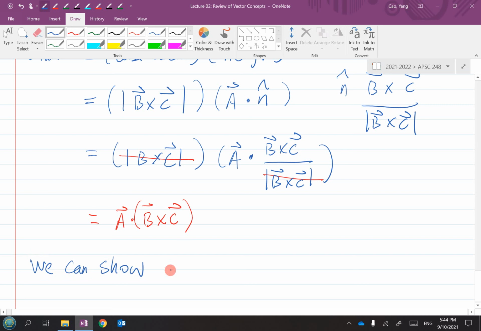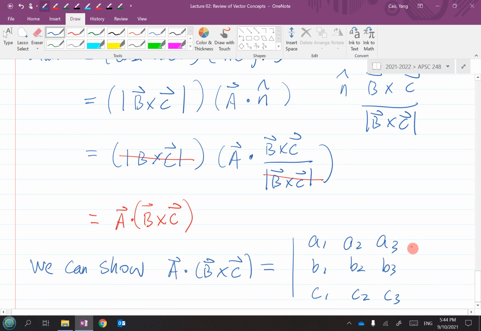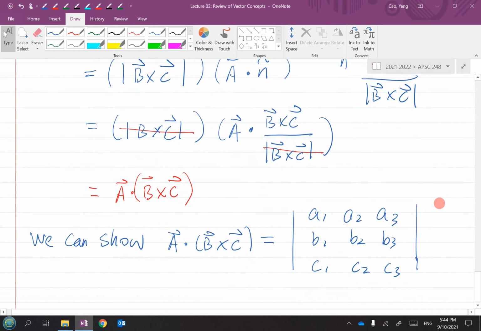This A dot B cross C is basically the determinant of the 3 by 3 matrix with each row given by the vectors A, B, C. They're very nicely connected here.